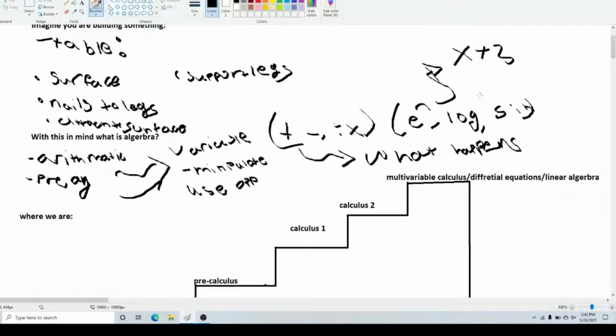And so our whole goal is to see what happens to these variables, whether it's in a given sense, or we're trying to make models of real world situations. In that sense, we're trying to study the manipulations, whether it's over time or over a duration. So that's the whole idea of algebra.